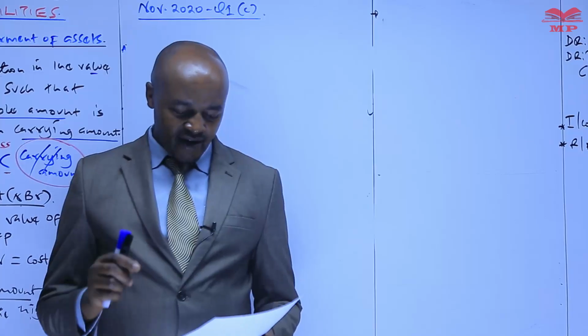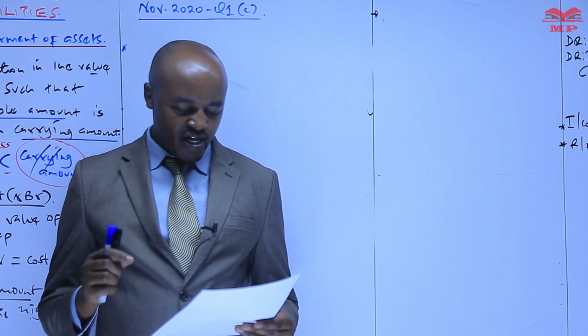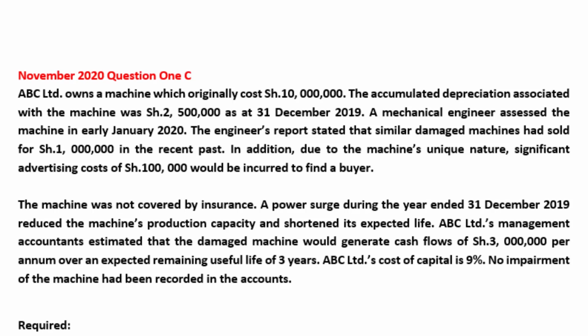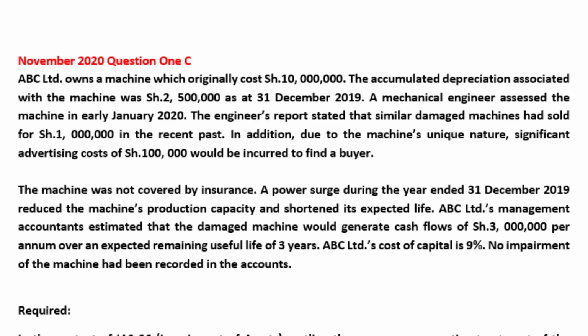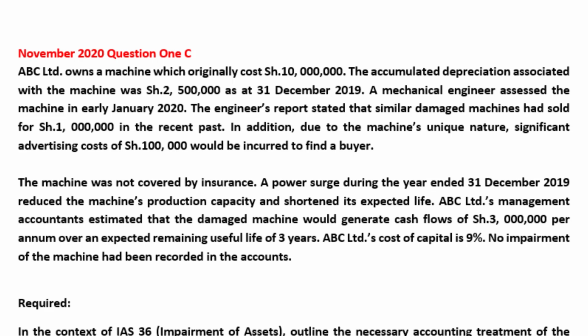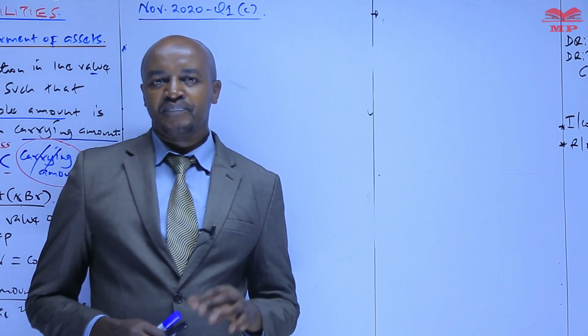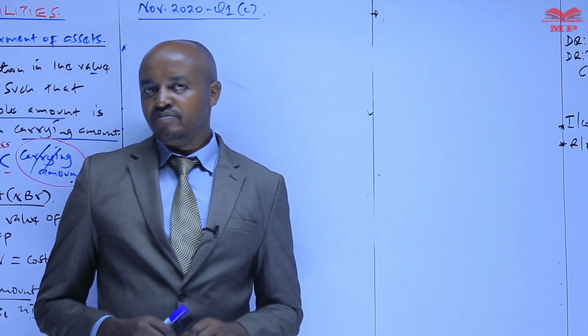So the first important information from this question is what you're given in paragraph 2: there was a power surge, and that power surge reduced the machine's production capacity. Basically, at the end of the year 2019, there was some evidence which showed that the machine could be impaired.